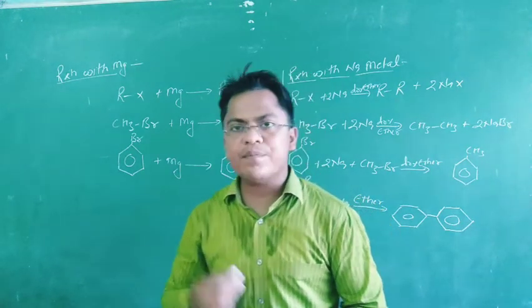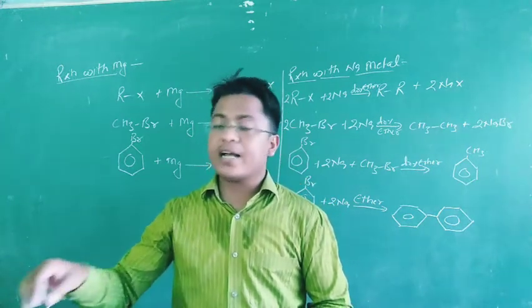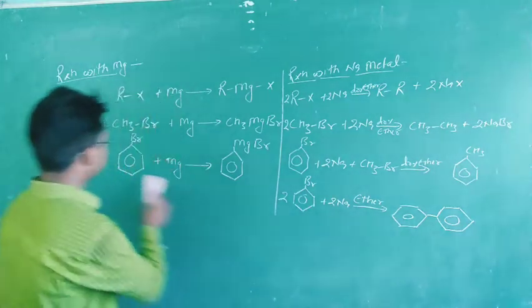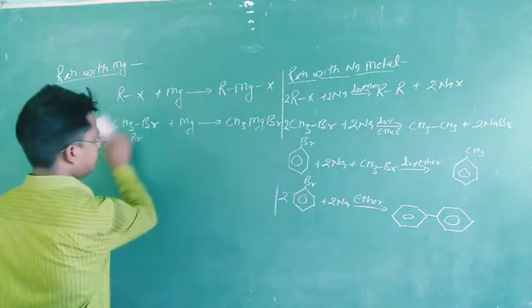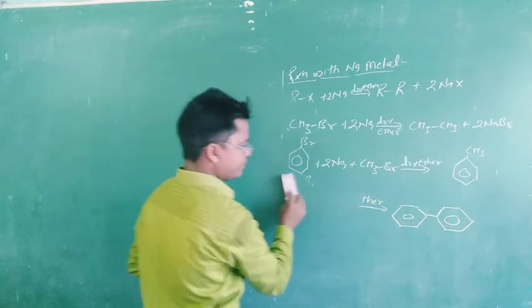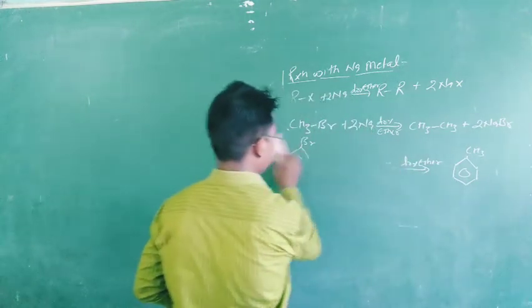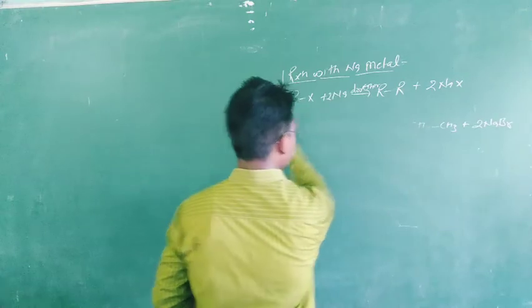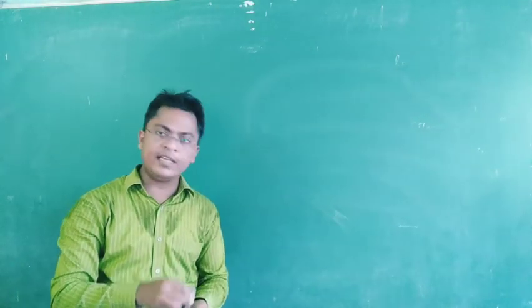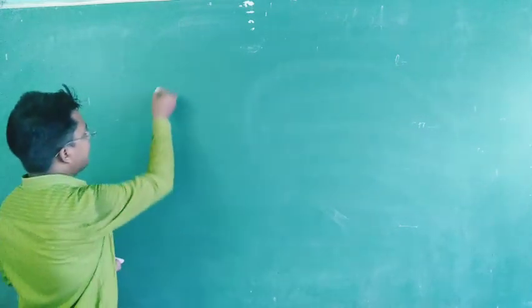Let's have some examples of alkyl halides for their boiling points. On increasing the molar mass, the boiling point of alkyl halides generally increases.